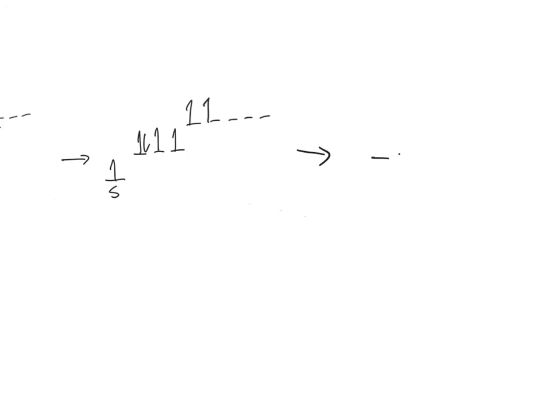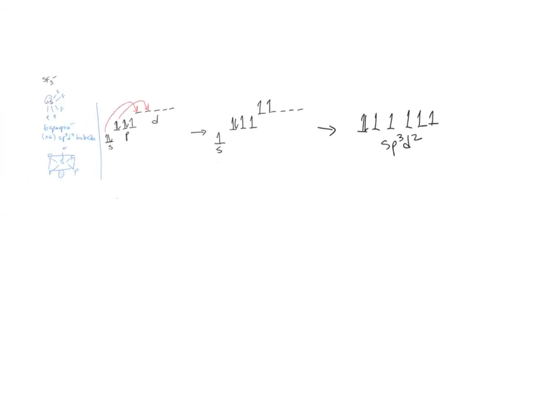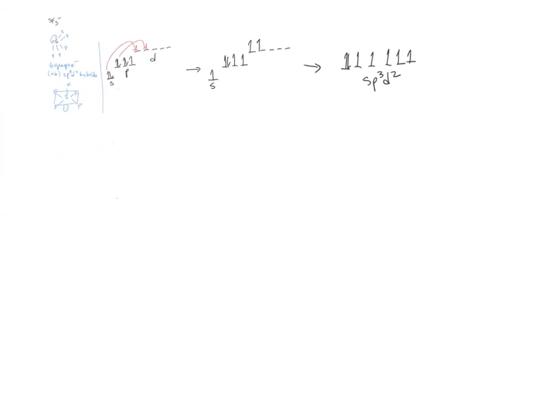So it'll be 1, 2, 3, 4, 5, 6 sp3d2 hybrids with 1, 2, 3, 4, 5, 6, 7. So there's your lone pair. It's kind of fascinating to see how that all comes together. And you got sulfur. These are the hybrid orbitals.